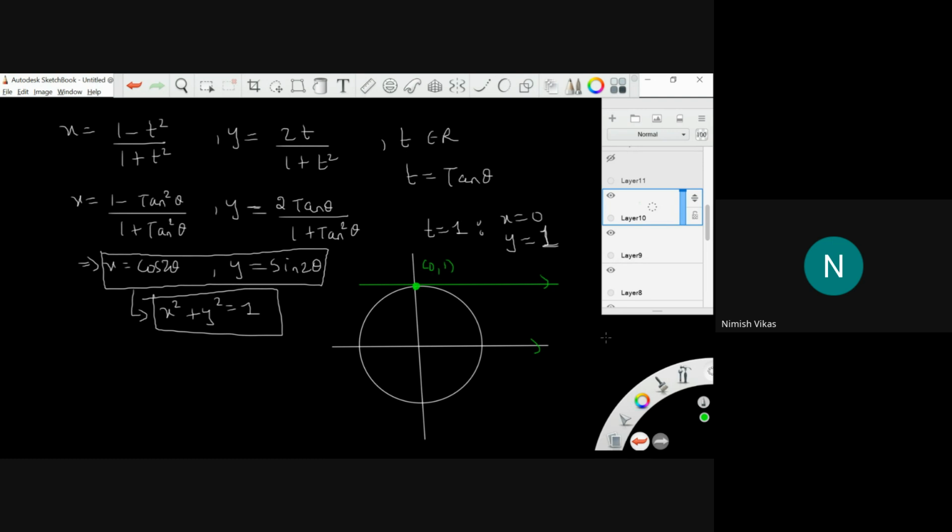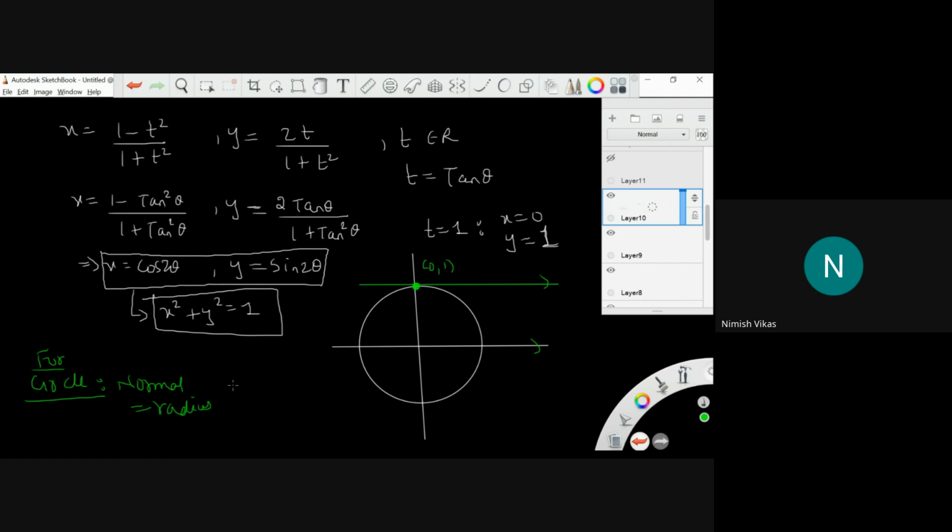ठीक है. Now what's the next part? The normal with slope √3. Now in the case of a circle, what is the normal? For a circle, normal is same as radius.